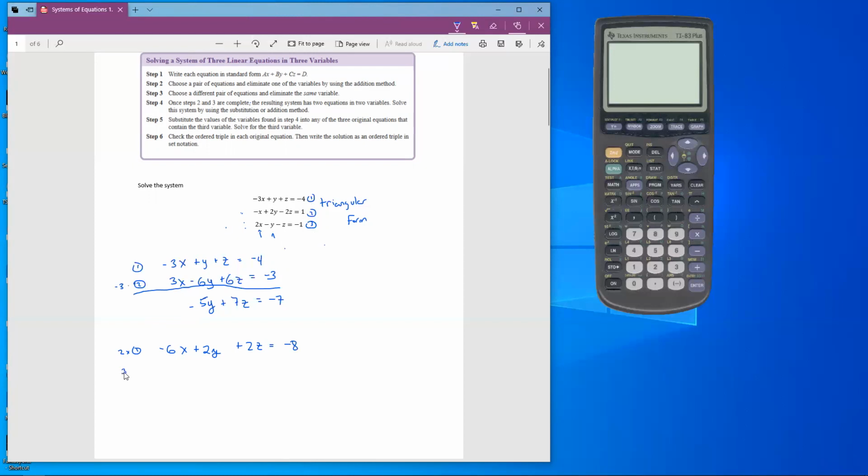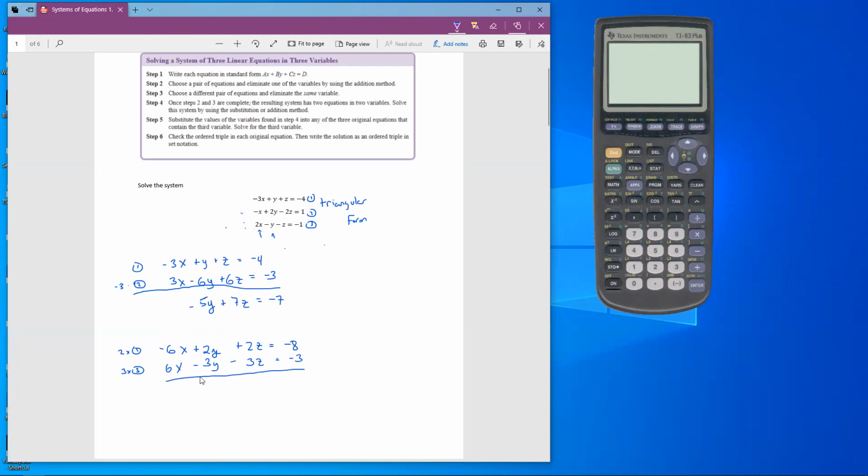And we're going to say 3 times equation 3. So if I say 3 times this 2 here, we end up with a positive 6x, we have a minus 3y minus 3z, and that is equal to negative 3.